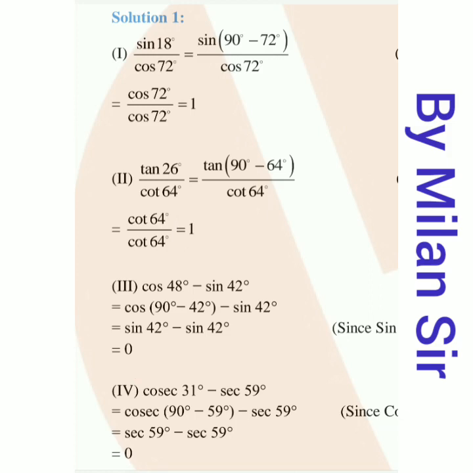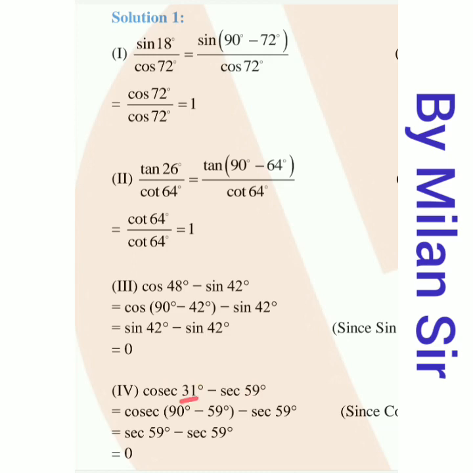Next, fourth question, cosec 31 minus sec 59. Again 31 plus 59 is equal to 90. So I can convert cosec into sec, otherwise sec into cosec, because cosec and sec are both complementary functions. Here I am going with conversion of cosec into sec.